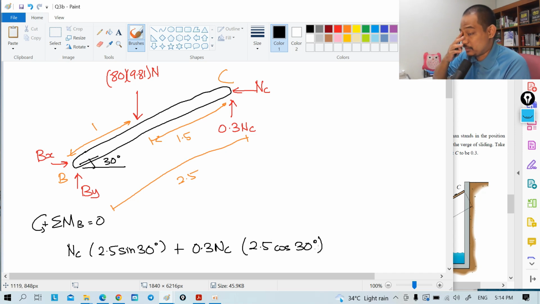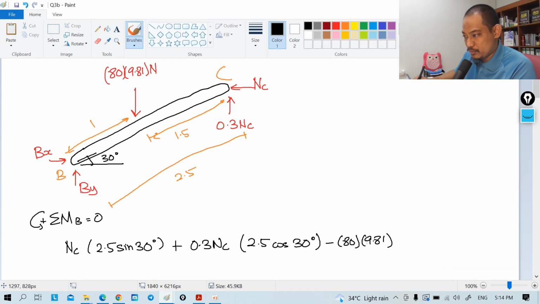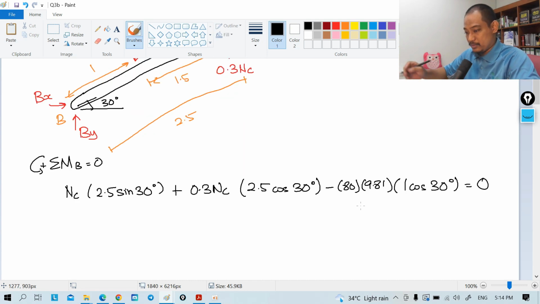And then the weight, that's clockwise, so minus 80 times 9.81, and the distance will be 1 cos 30 degrees, equal to 0.